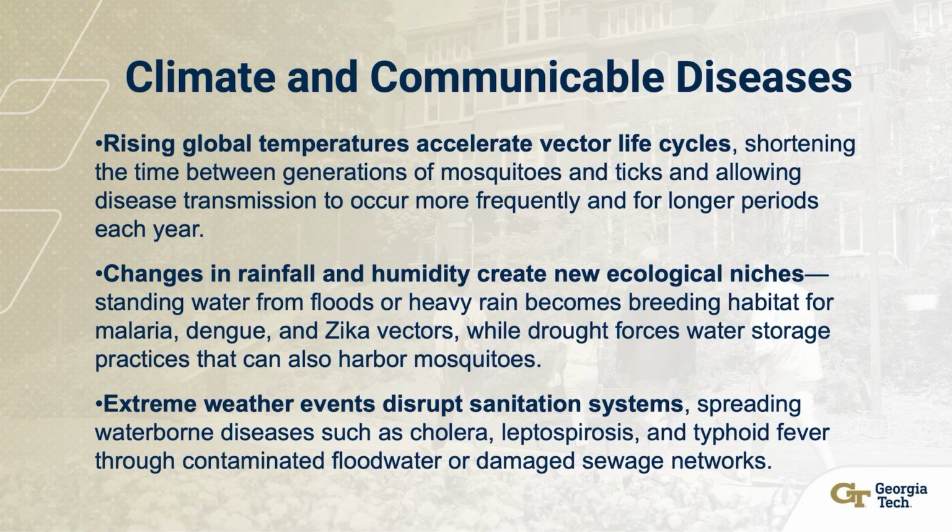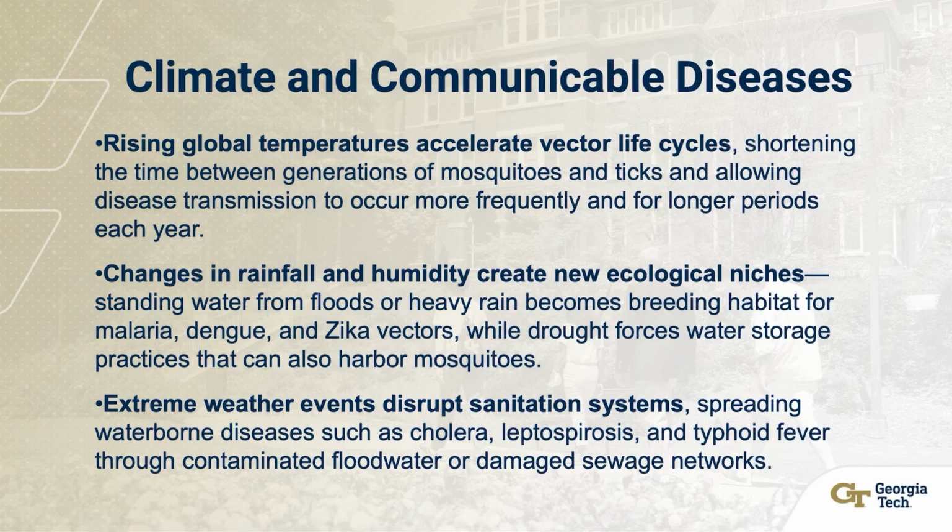Then we can look at meteorological issues, including rainfall and humidity, that create new ecological niches. We know just from experience that standing water can be a breeding ground for the types of insects that carry diseases like Zika and also malaria.